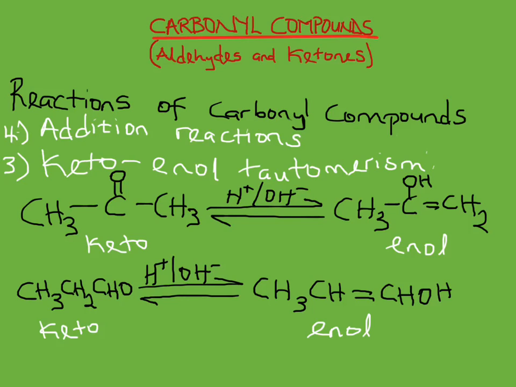We have the second equation there, propanal, which is the keto isomer, undergoes keto-enol tautomerism to yield enol, whereby the hydroxy group is being attached on the first carbon atom, that is, the primary alcohol.